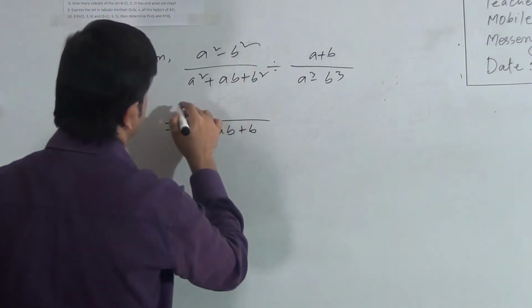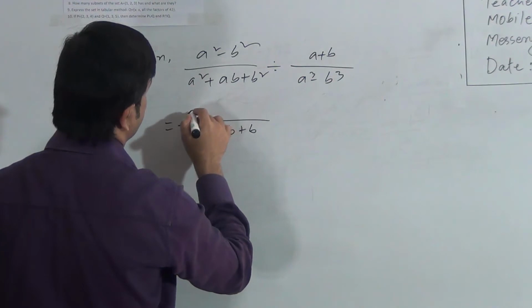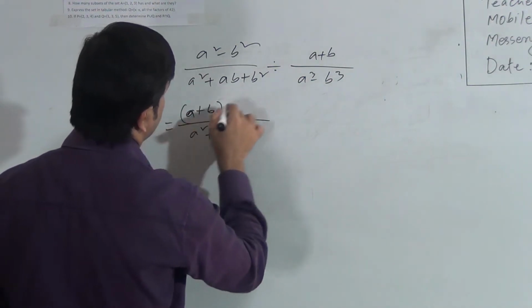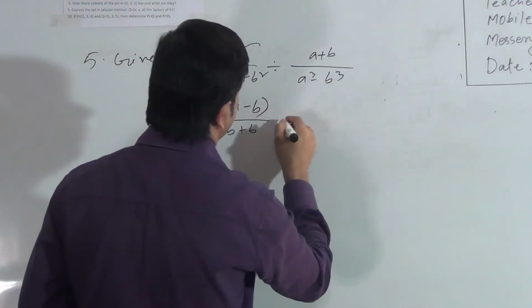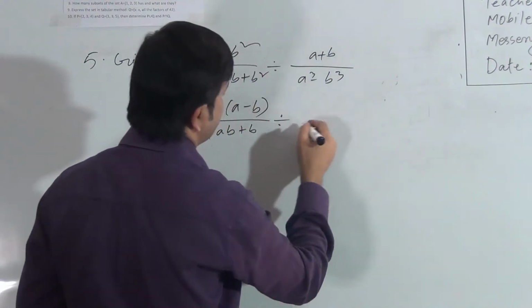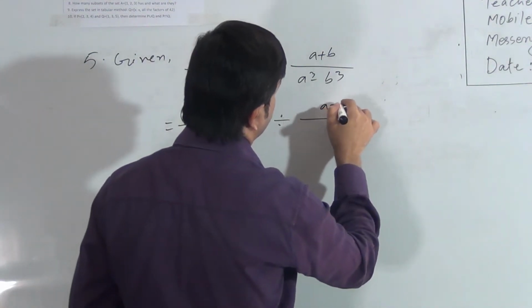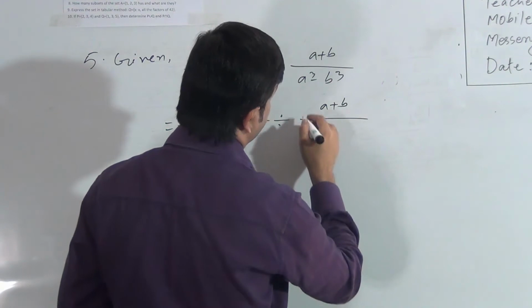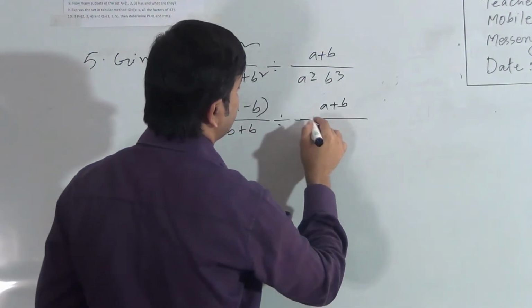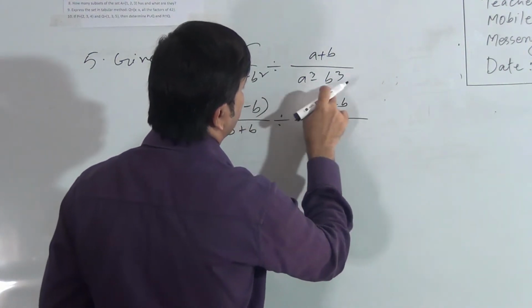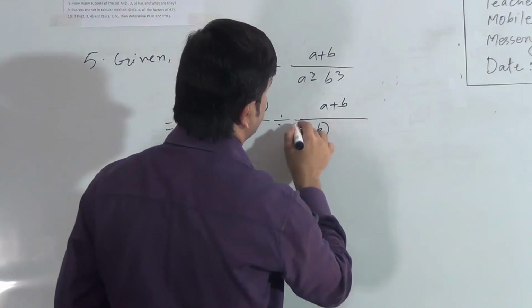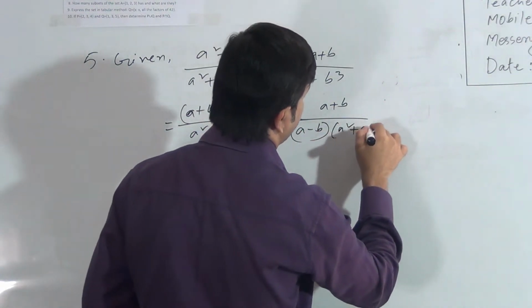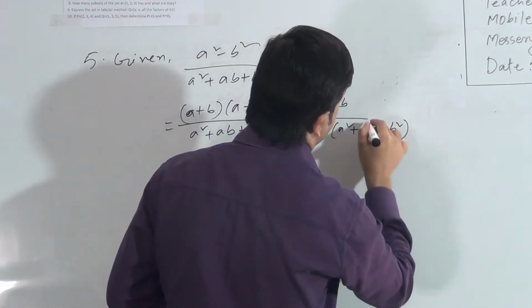Now factorize this one, a square minus b square means a plus b into a minus b, division here. Now we can't factorize the numerator, we can factorize the denominator using the formula here. A cube minus b cube means a minus b into a square plus ab plus b square.